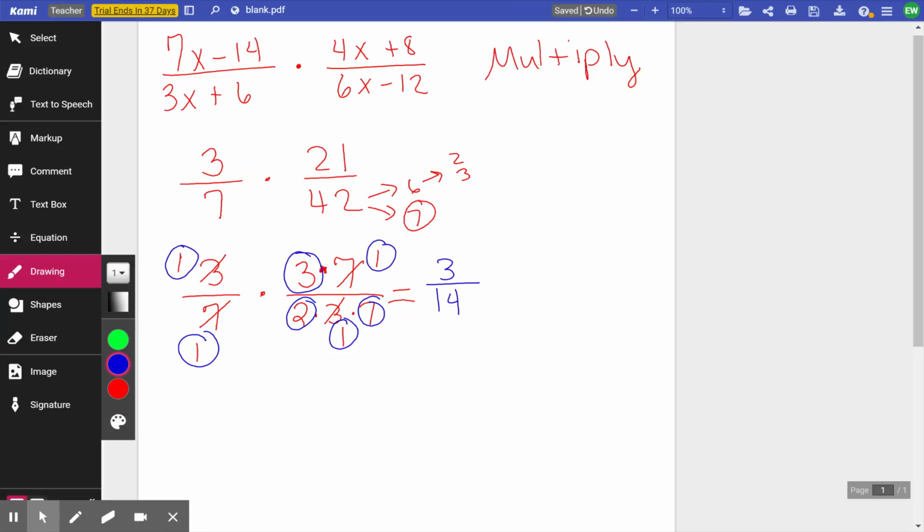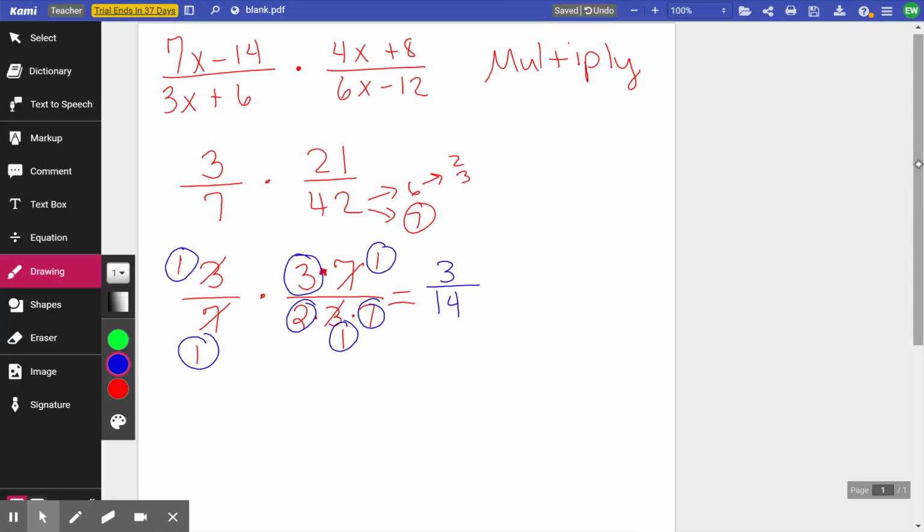So we want to do something very similar with the problem right here above. For the first numerator, I want to factor out the GCF, which is 7. And then if I write what remains, I have x minus 2. So this is similar to breaking down 21 and 42 into a product of their factors.